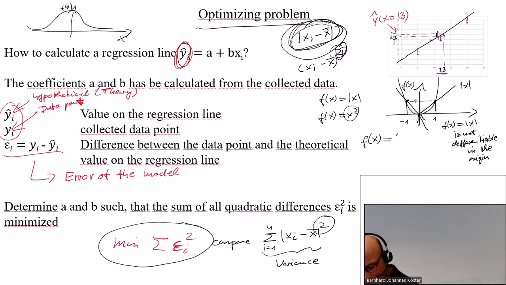Well, this was 1 over square root of 2 pi times sigma squared, this is the standard deviation, times exponential of x minus mu over sigma squared. So this was your expected value and this was your standard deviation.